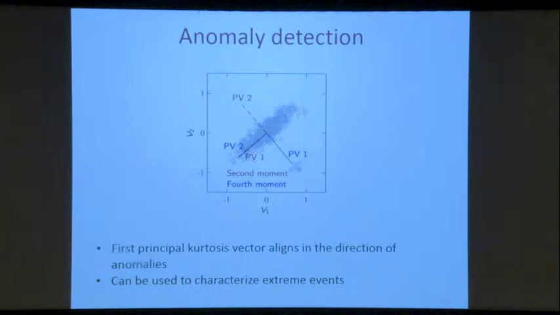You can see that the kurtosis vector aligns well in the direction of the anomalies. And again, you have the second, whereas the original second moment principal vector aligns with the variance but not the anomalies. And so there's a glimmer of hope that we might be able to use this to characterize extreme events.